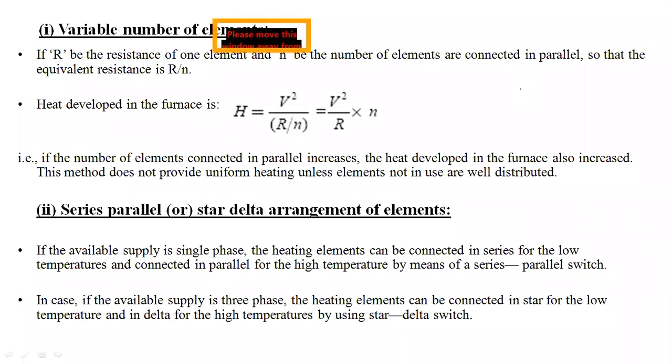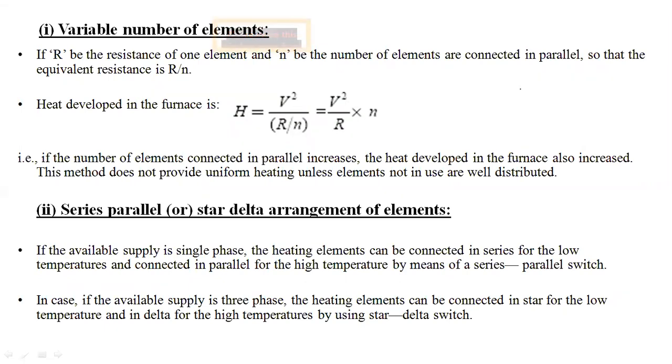Based upon this number of elements connected in parallel in the furnace, the heat developed in the furnace is calculated by this formula. Here the heat developed is denoted by the letter H.